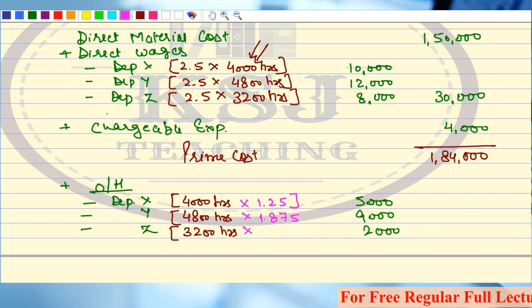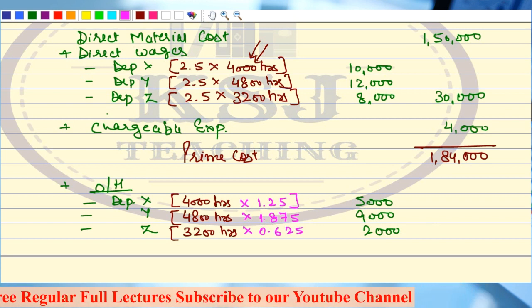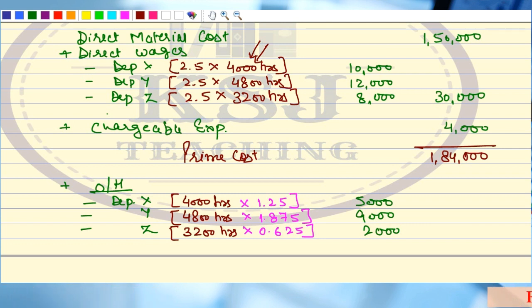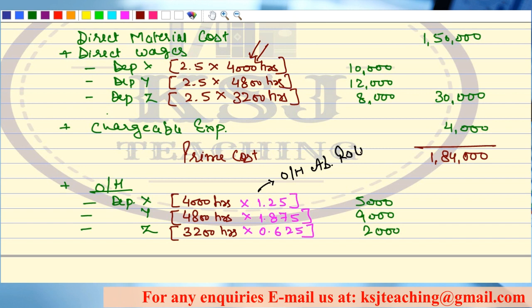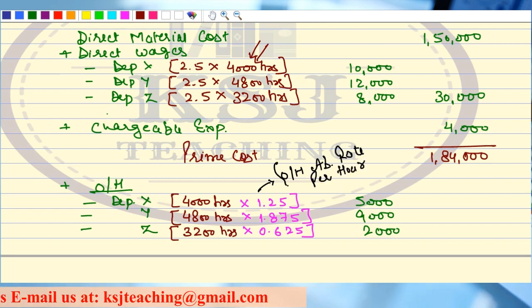Similarly, 2,000 divided by 3,200, that will give me 0.625. So what we have calculated is the overhead absorption rate per hour, right? Any doubts in this point?